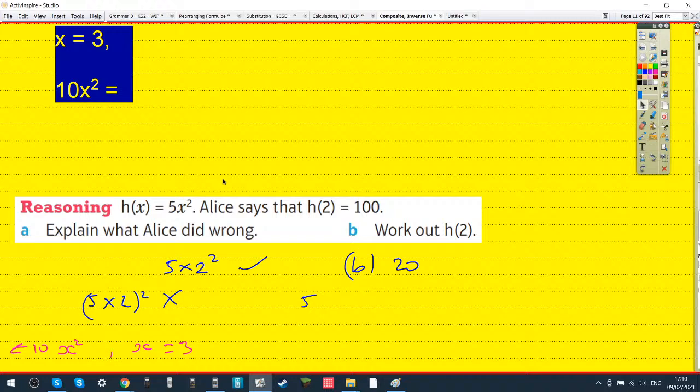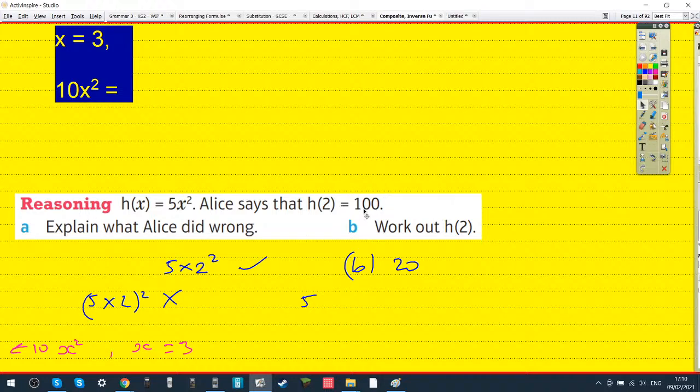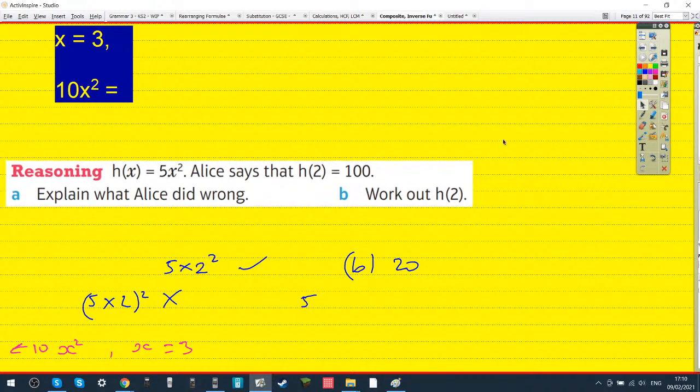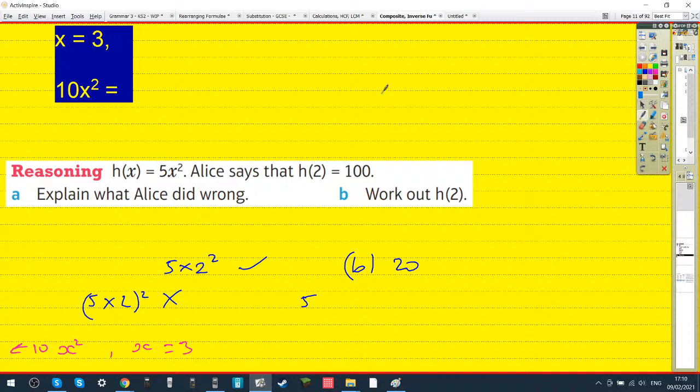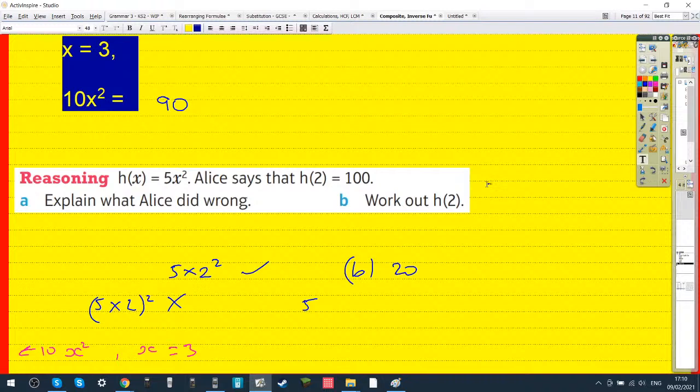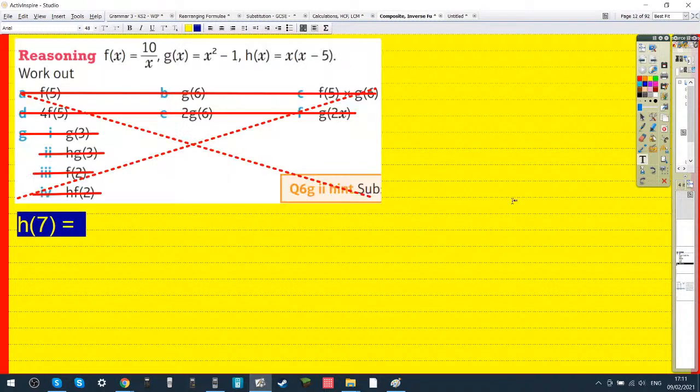So you have to do 10 times 3 squared, which is 90. Correct. Well done. So 10 times 3 squared is 90. Let's change that into a 4, but we get the idea. Yeah, grand.